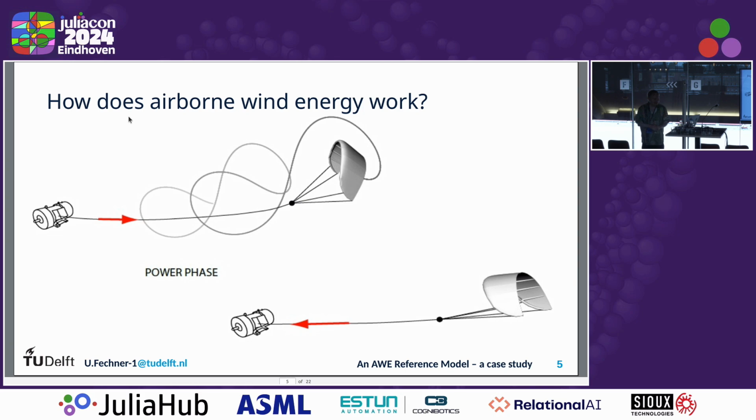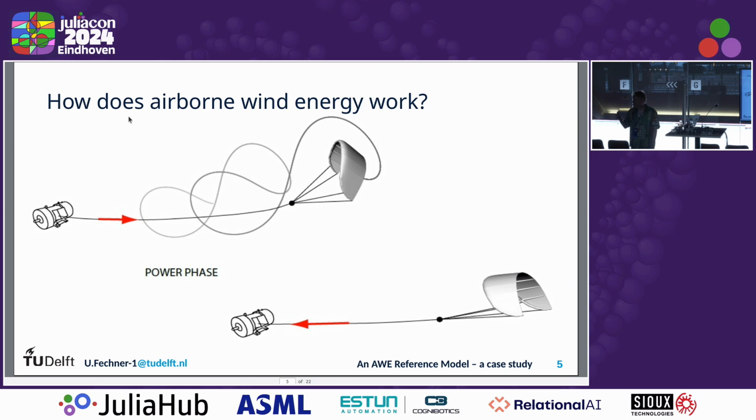My model assumes that you have a wing that is attached via a tether to a ground station. The wing flies figures of 8 like kite surfers at the beach. It pulls hard on the tether. The tether is on a drum which is attached to a generator on the ground, and in this way generates electricity.